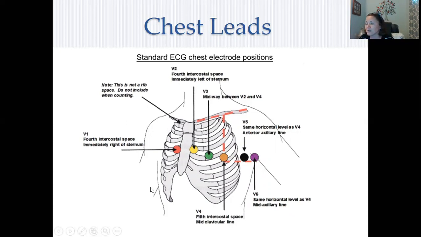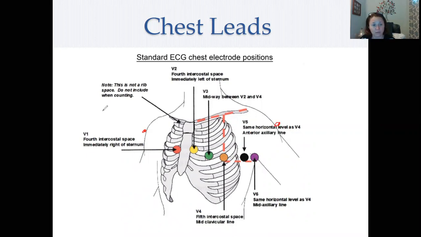For the 12-lead, you have 4 limb leads and 6 leads that go on the chest. Those limb leads are going to be just there on your limbs. So one on your right arm, one on your left arm, and then on your calves will be your other 2.